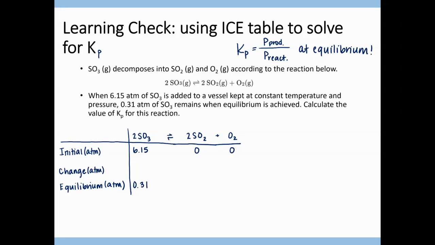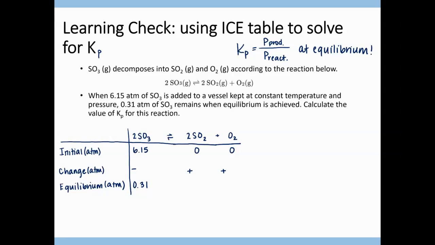Thinking about which direction the reaction will proceed helps us know which sign to use for change. We're going to be forming more product, so the x value should be positive for the products. We're using up reactant, so the change is negative for the reactant. It must be negative because we're setting initial plus change equal to 0.31.